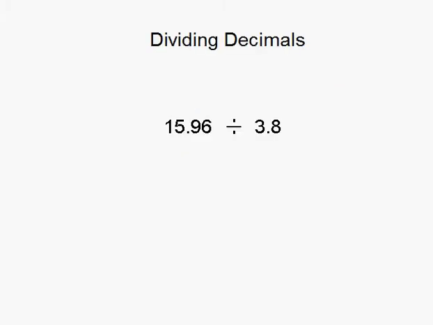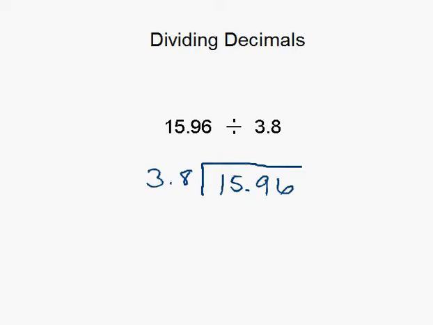Our next example is 15.96 divided by 3.8. And let's rewrite this problem. So we have 3.8 goes into 15.96. And the first step is to move the decimal point on the outside all the way over to the right.